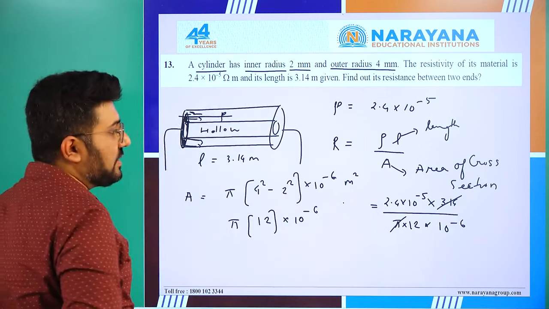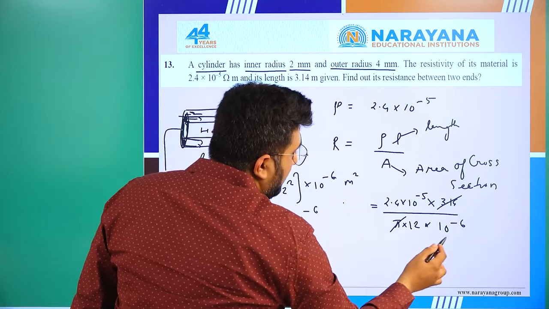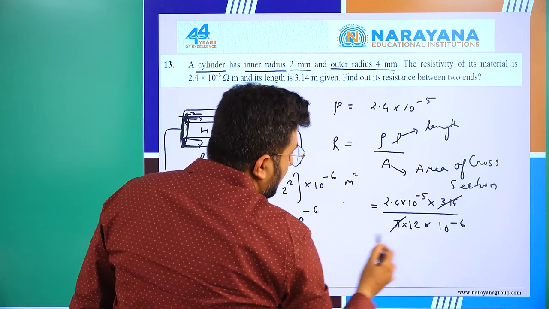Pi cancelled, fine, and this will come out to be 24 by 12, which is equal to 2. So the resistance between the two ends will be 2.